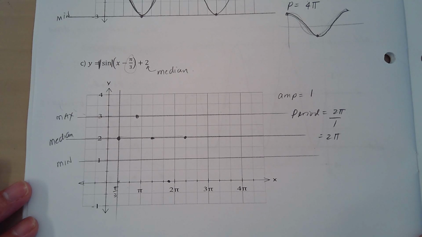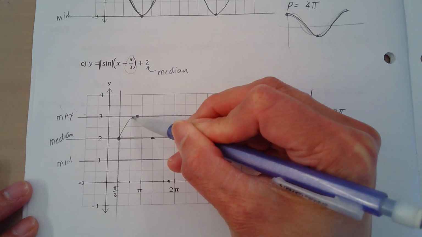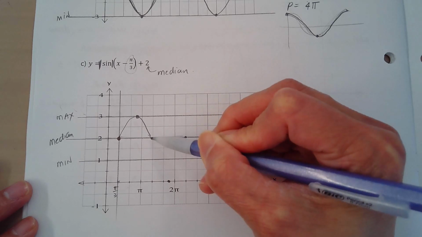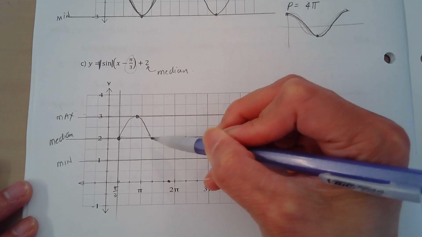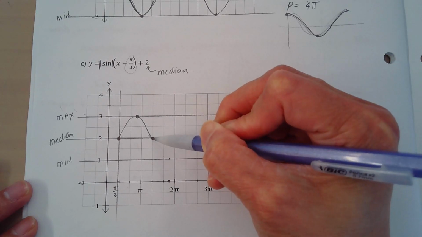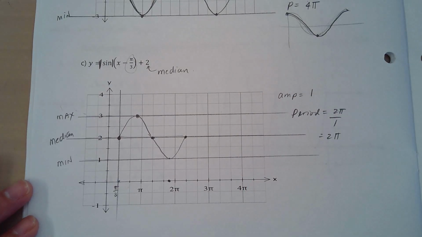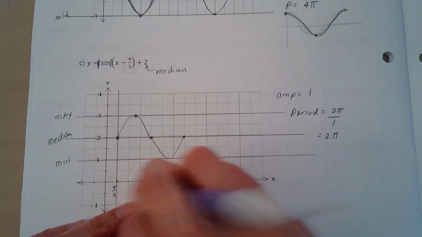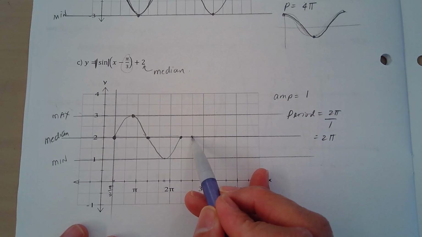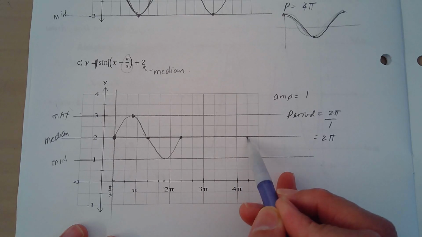I have another strategy if you would rather have that. So, graph. So pi over 3, 1, 2, 3, so that's pi, 1, 2, 3, that's 2 pi.